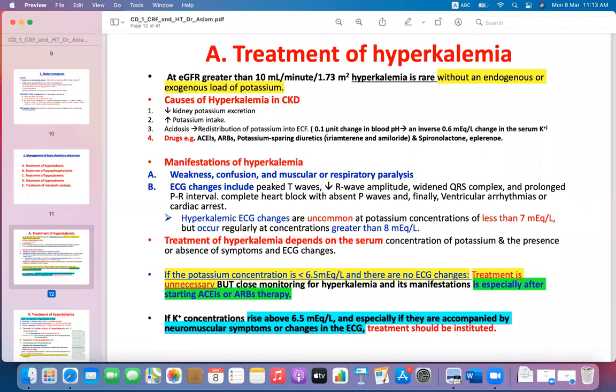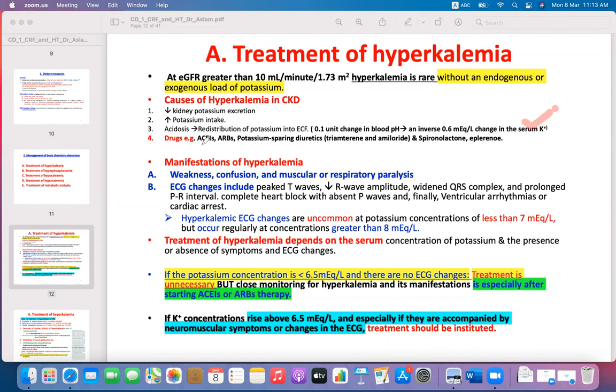If there is a 0.1 unit change in the blood pH, there is an inverse 0.6 milliequivalent per liter change in the serum potassium.